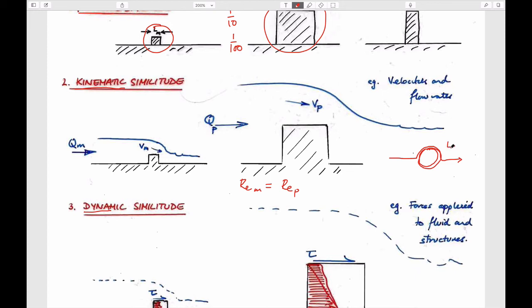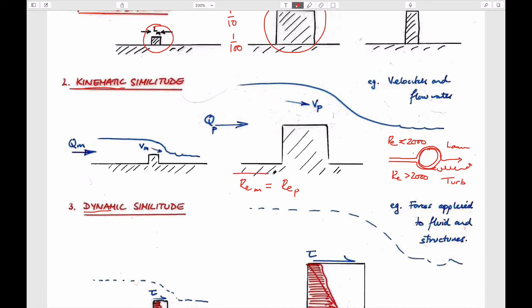If it's laminar, then the flow regime might look like this. If it's turbulent, then it might be with the boundary layer here and a whole bunch of separation and eddies falling down here. These are very different Reynolds numbers. This would be a Reynolds number less than 2000, say, and this would be a Reynolds number greater than 2000. And it would change with different values of the Reynolds number.